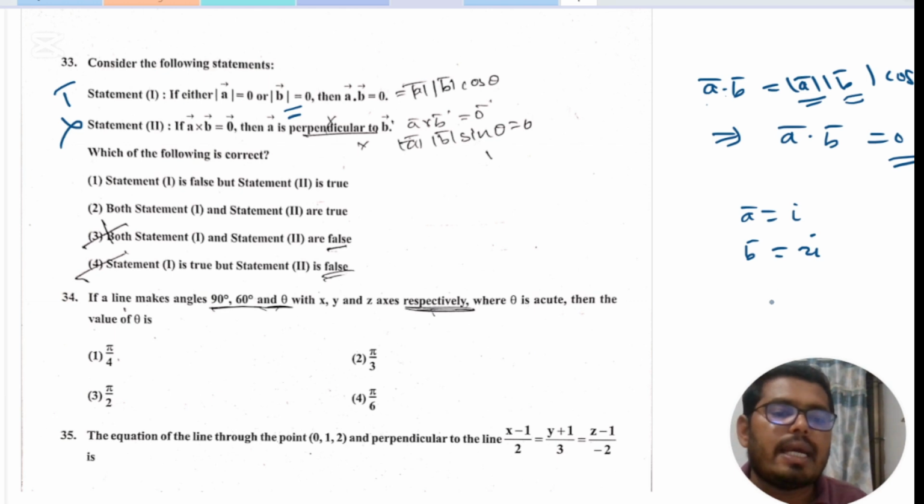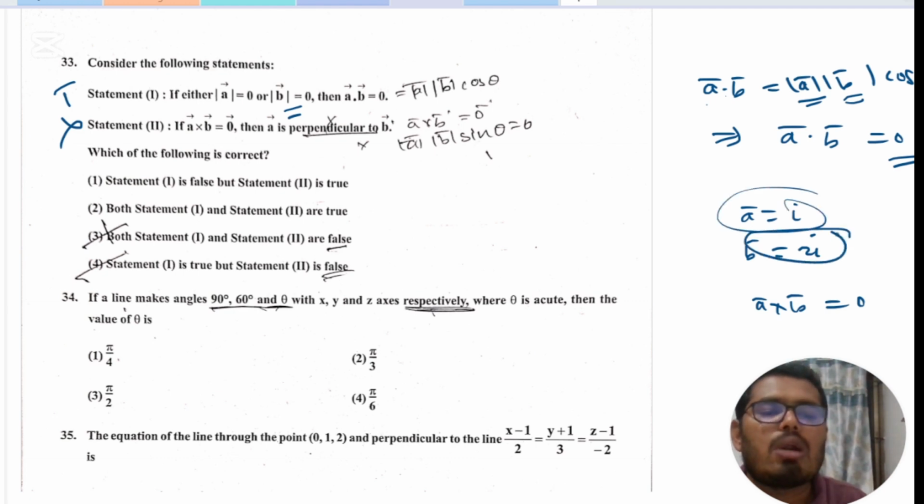Okay, that time A bar cross B bar is equal to 0, but these two vectors are not perpendicular. Okay, that's why the second statement is false. Therefore, the first statement is true, but statement 2 is false. Option number 4 is the correct statement.